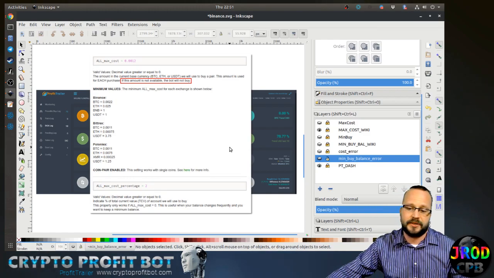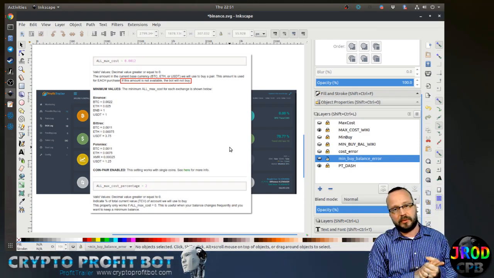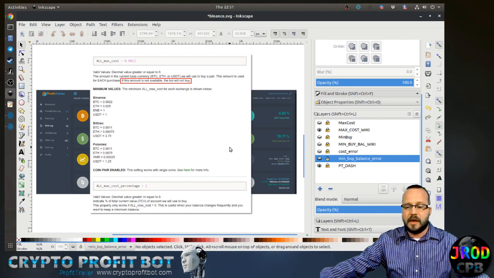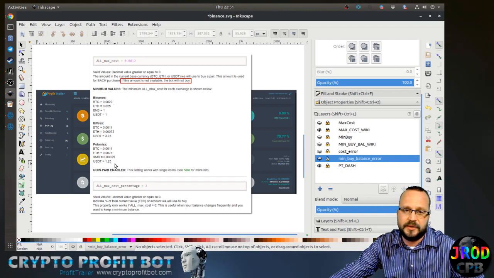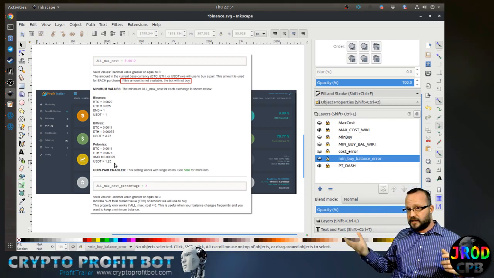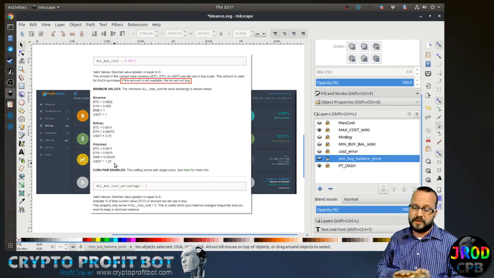Let's look at the wiki about max cost. It says, if this amount is not available, the bot will not buy. Pretty simple, right? The other thing I want to point out is these minimum values. These are the dust values. Every exchange has a limit on what they're going to allow to trade, and those change. Binance just recently changed theirs.